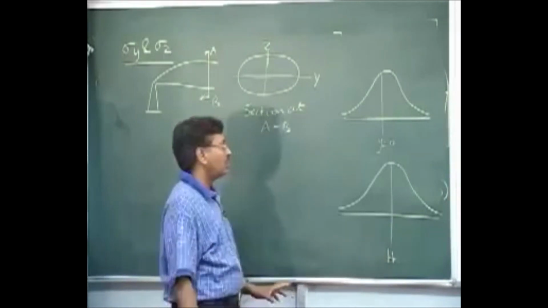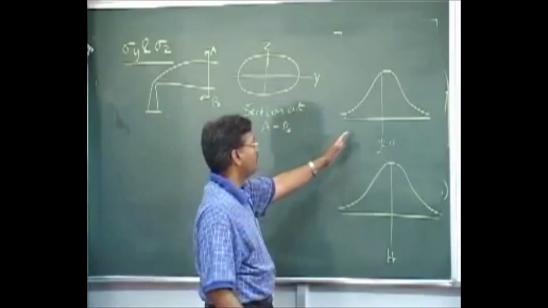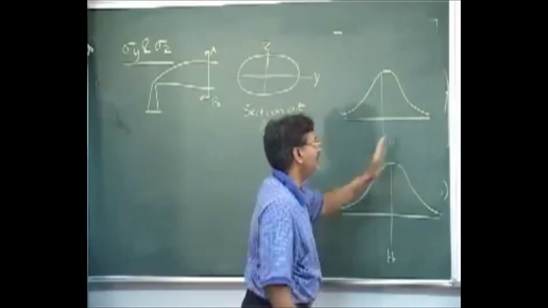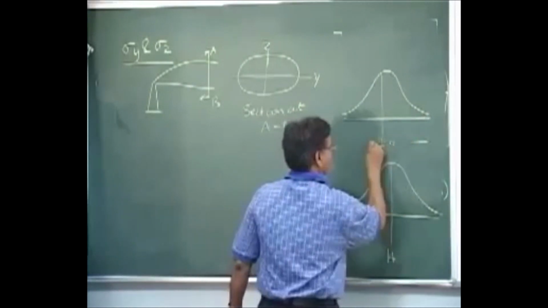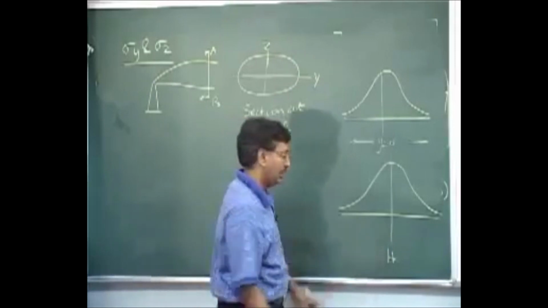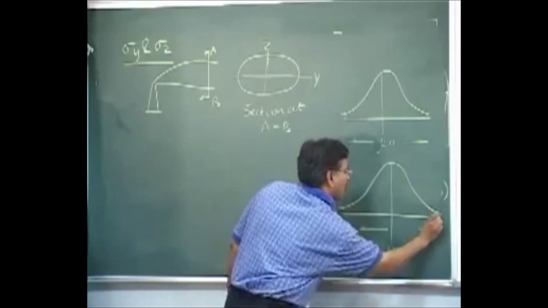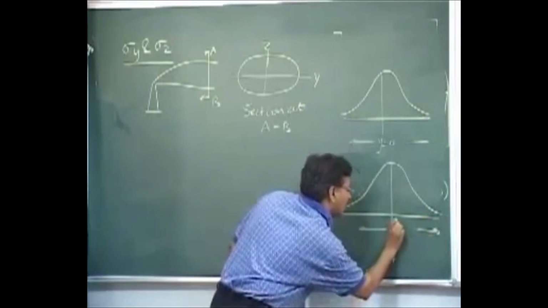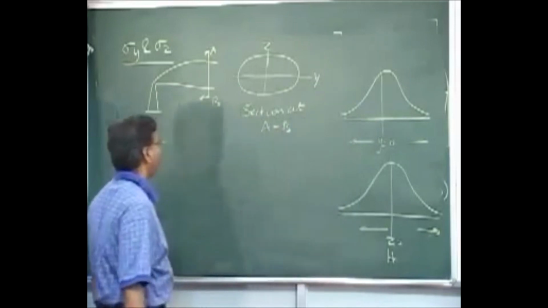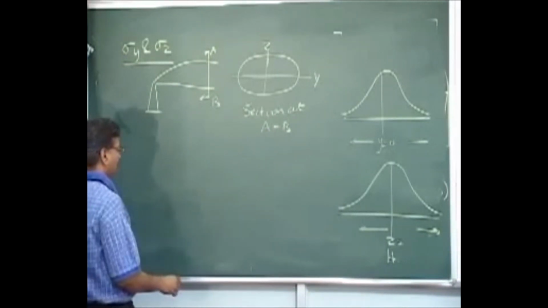So this is the concentration at a fixed Z by varying the Y's. And here my Y is constant and I am varying the Z. So this is my Z, which is equal to H. I will try if I can draw this one.